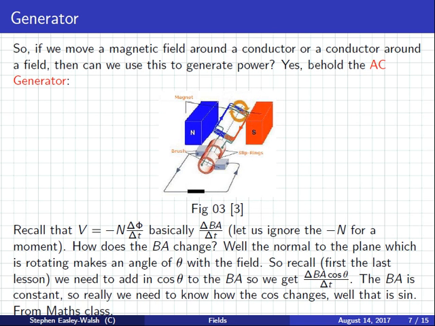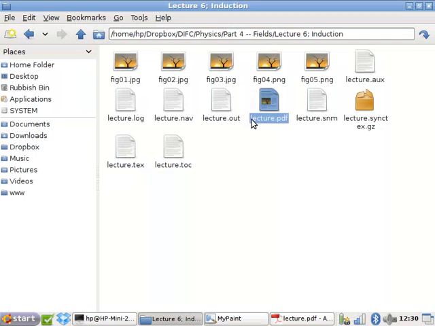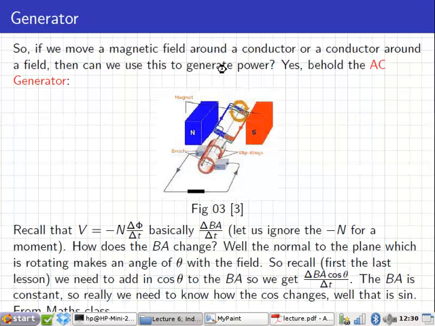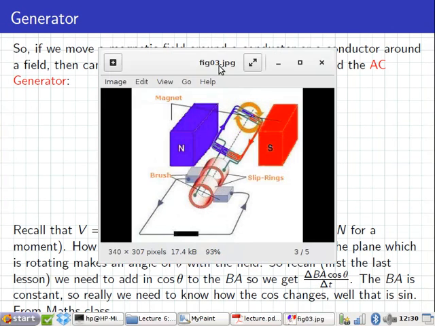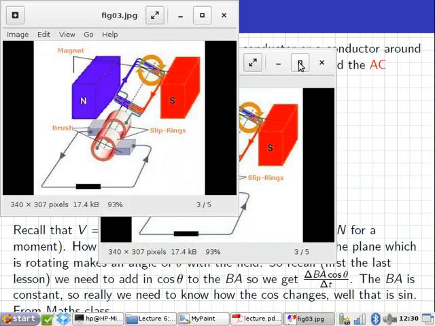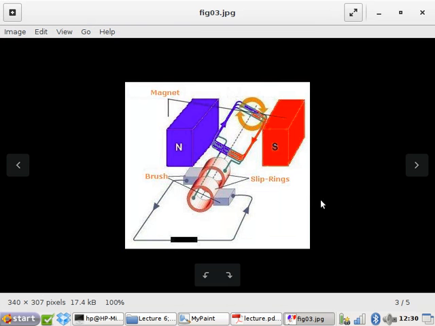I cannot. I need to find the picture. There we go. How's that? Yes, first draw, again, because they might ask you to draw this in the exam.